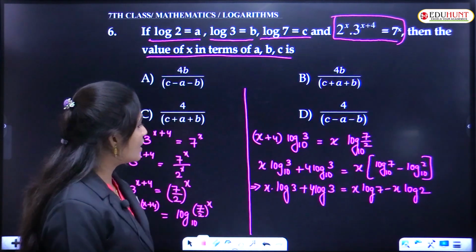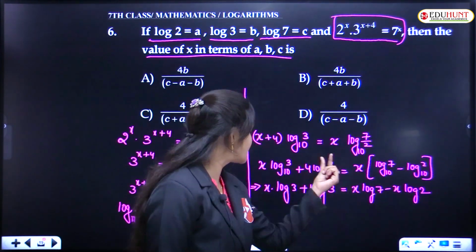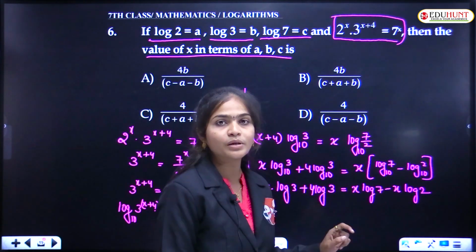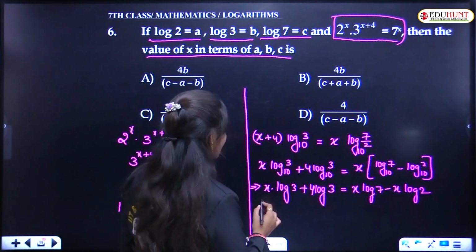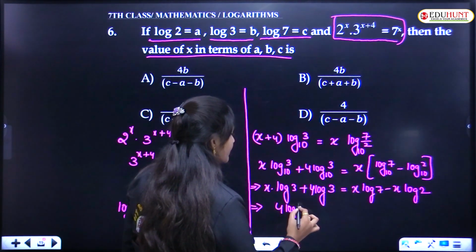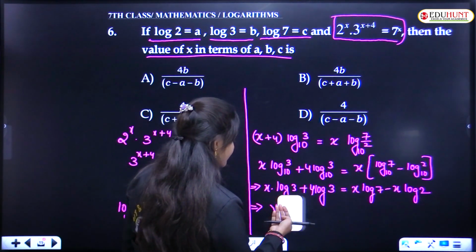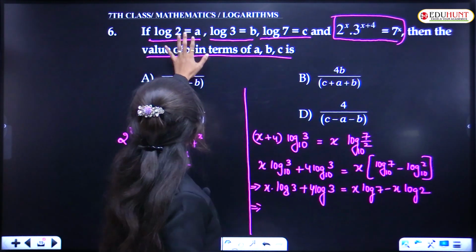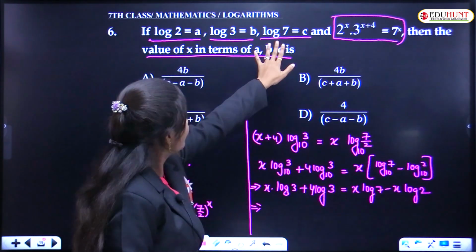Okay. Now observe that here x terms are there, here also x terms are there, and here also one of the x terms is there. So just move that term to the RHS. Here it is better to substitute the values of log 2, log 3, log 7.